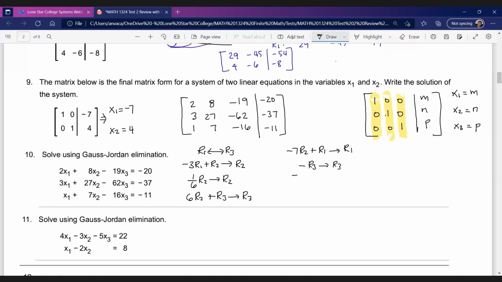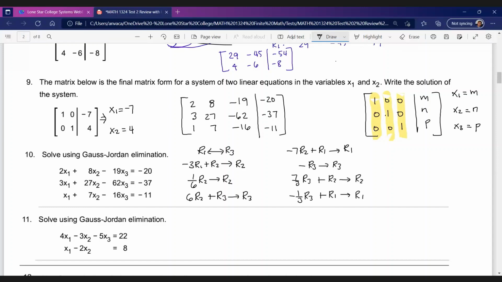Then I went ahead and multiplied row 3 by 7/3, added it to row 2, and that became our new row 2. And finally, we went ahead and multiplied row 3 by -1/3, added it to row 1, and that became our new row 1.